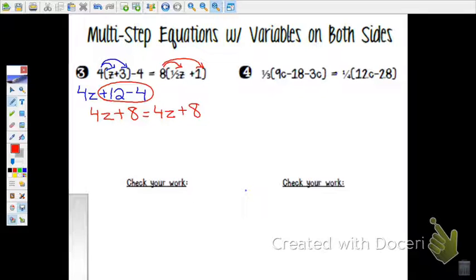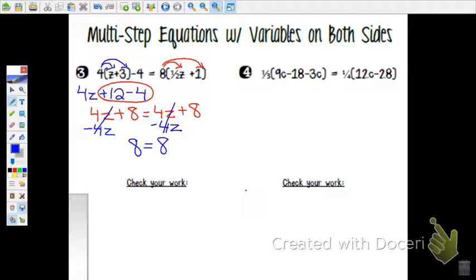Variable on both sides, so I need to eliminate. So I subtract 4z from both sides, and what happened? My variable disappeared. So I've got one of those special solutions that we talked about on Friday.